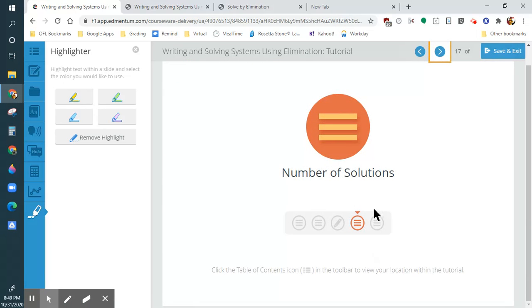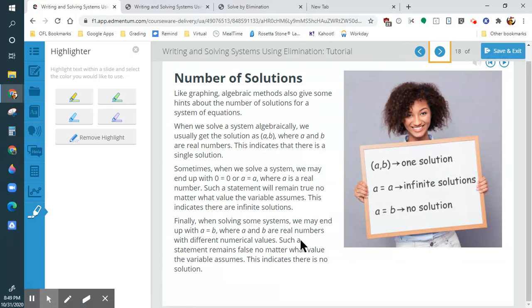So now we're going to be doing numbers of solutions. An easy way to think about this is if you get an answer, one solution. If you try to eliminate something and you end up with something like 5 is equal to 5, meaning that your x's and your y's went away, you're dealing with a line on top of a line.